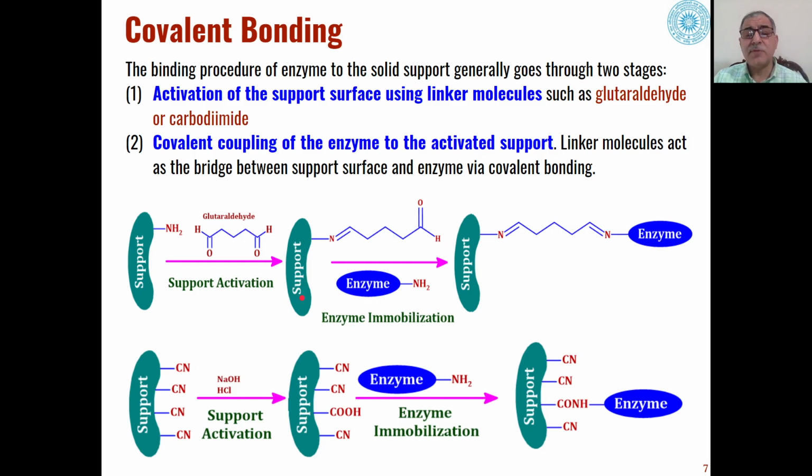So the process can be divided into two parts. First is that the support with which the enzyme is to make a covalent bond should be activated. And this activation of the support takes place with some linker molecules, and the most commonly used linker molecule is glutaraldehyde, and in some cases carbodiimide is also used for this linkage purpose, and some other anhydride groups are also used in some cases.